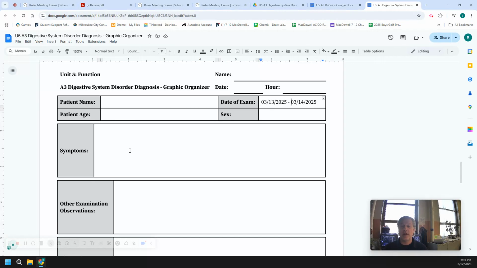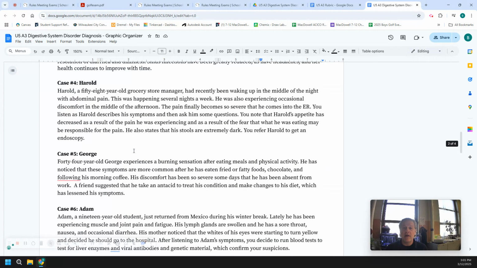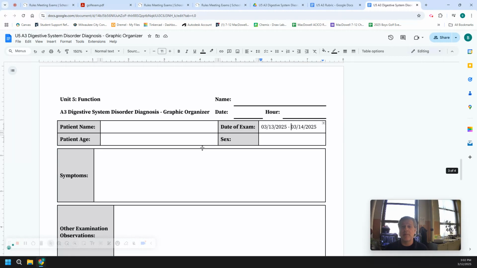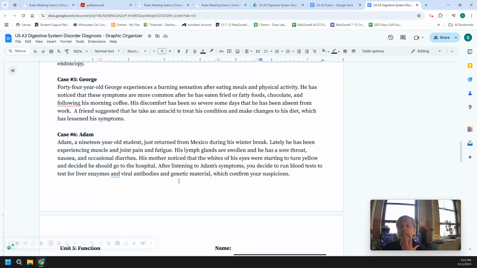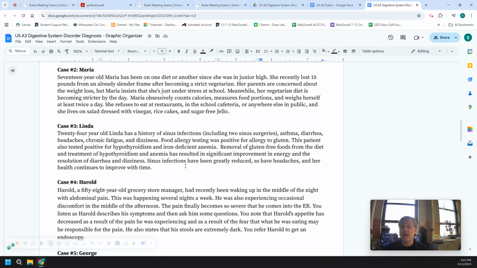And then you're going to identify some symptoms. So after you've read through these patient profiles, right, you are going to look for symptoms. Remember, symptoms are things that the patient is complaining about or telling you about that doesn't feel right. So those are your symptoms. Sometimes in some of these, there's going to be other things that are not necessarily symptom related, but they might be information that might be helpful for you when you're creating your patient profiles.